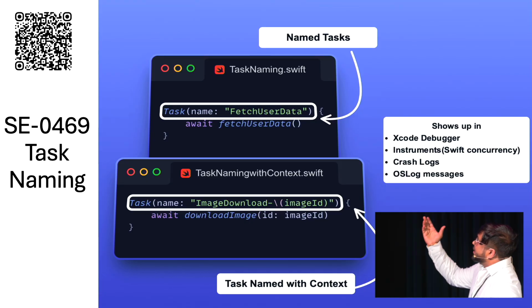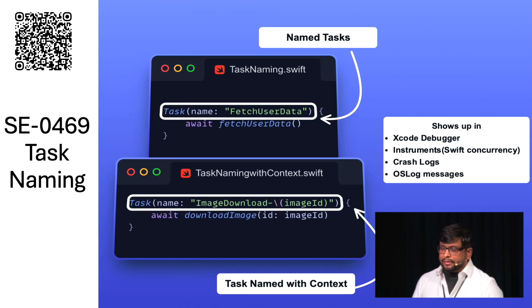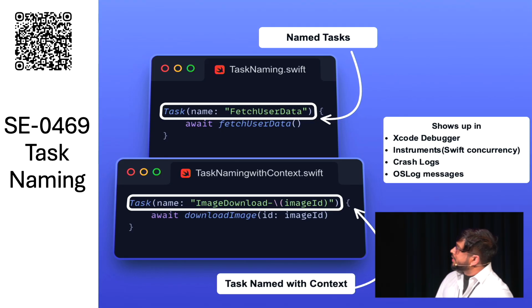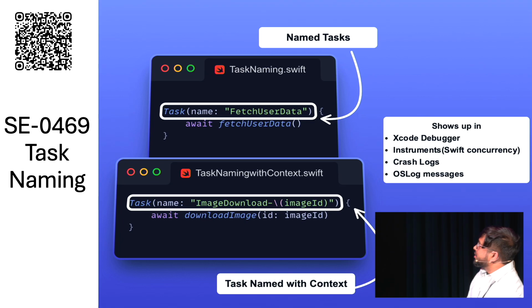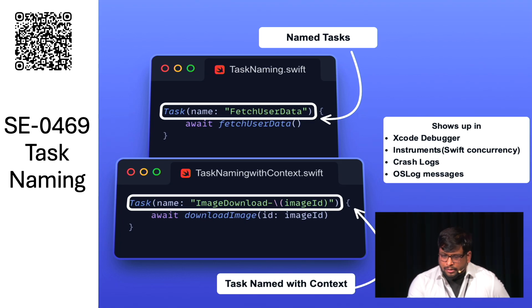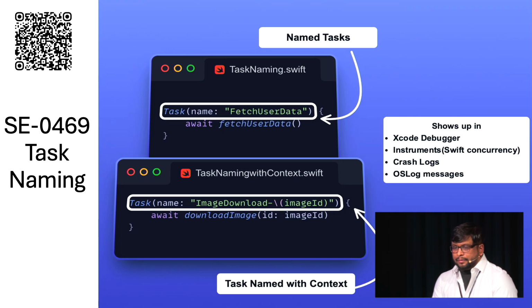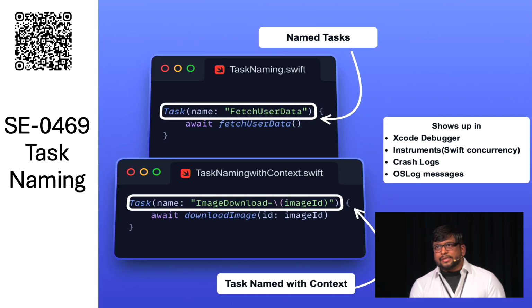You can see these in the thread list or Swift concurrency Instruments. And of course, you can see where the task has crashed, in the crash logs and OS log messages. So this makes debugging concurrent code so much easier. You can actually see where it is running and which task is running.